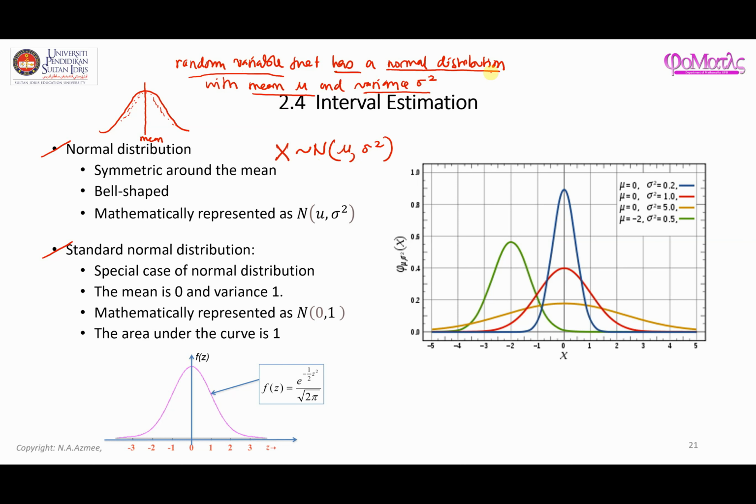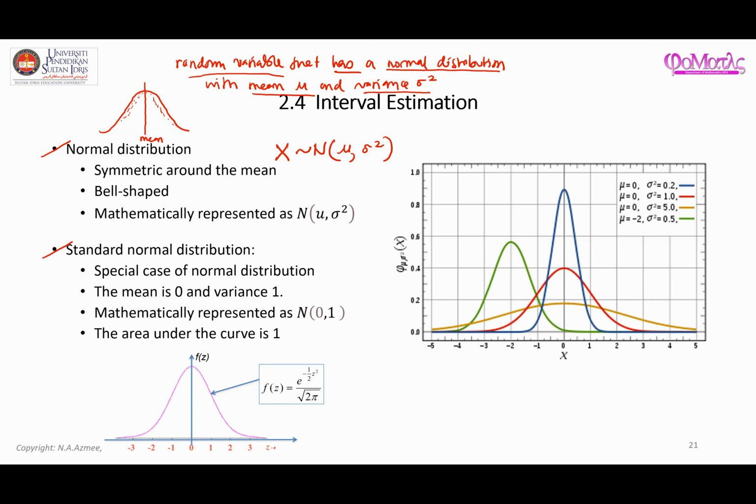So this long sentence has already been mathematically represented using this notation. Whenever you see this notation, it means you have a random variable X that has a normal distribution with mean mu and variance sigma squared.